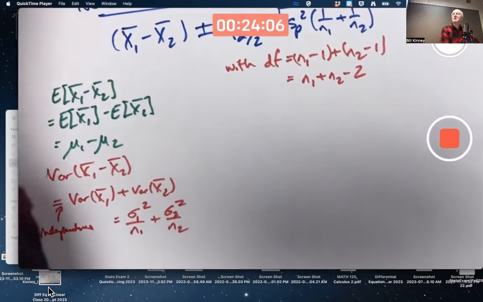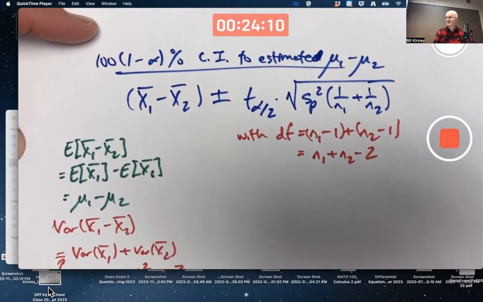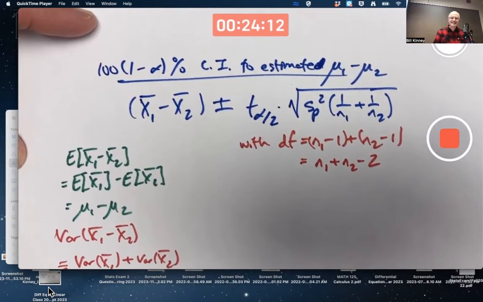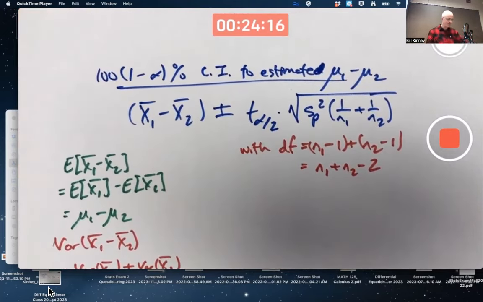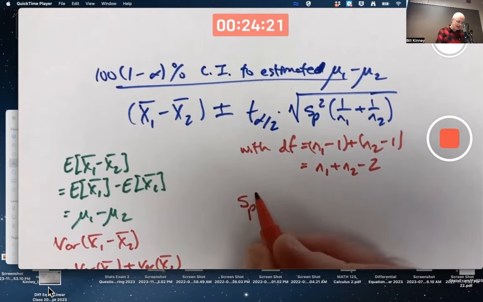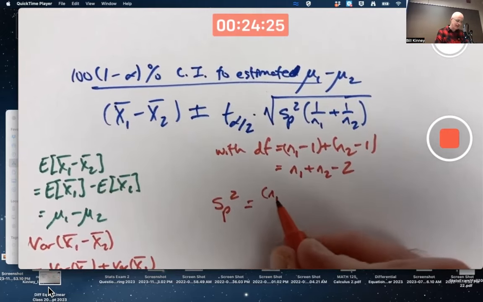Do you have to use that? No, you don't have to use that. You can use technology instead. So either pool or use technology, but I haven't told you yet how to find the pooled proportion. It's a weighted average of the individual proportions. It turns out to be a weighted average in kind of a funny way.